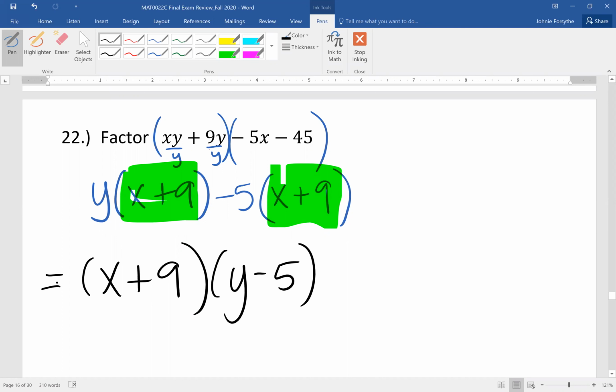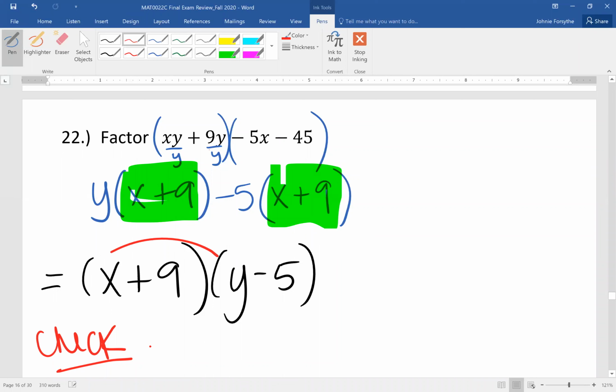And again, you can always check to see if you factored something correctly by multiplying it back together. So just to show you, I won't do this for every single one, but we can check our factors. So to check it, we're going to FOIL it back together.